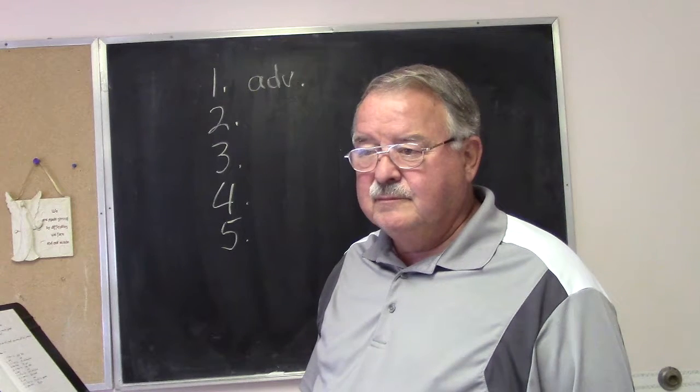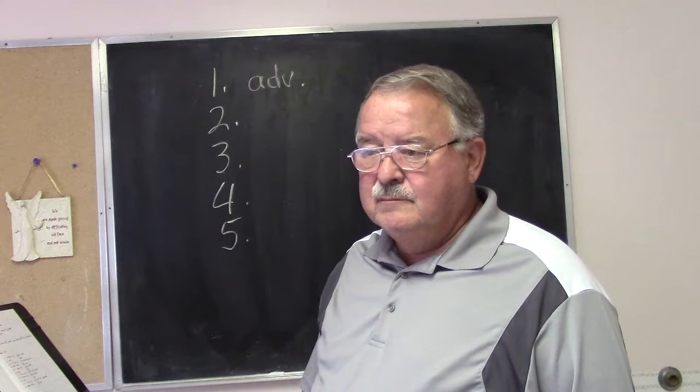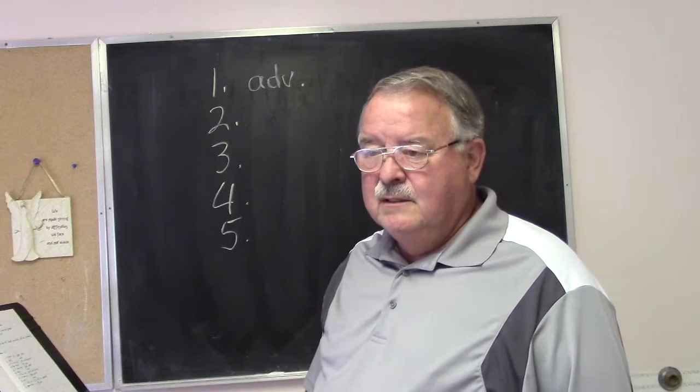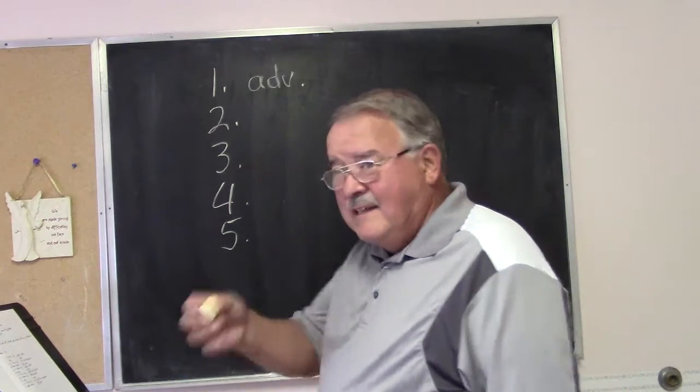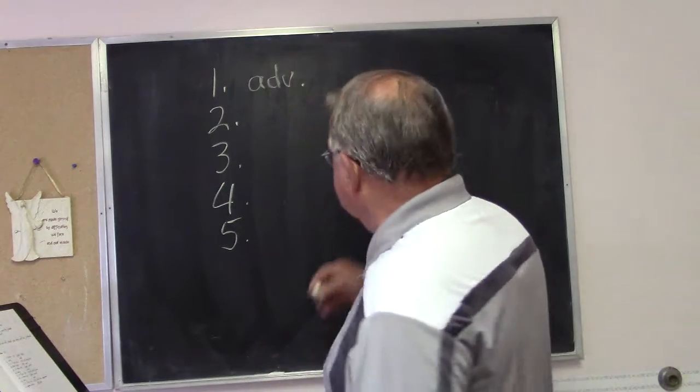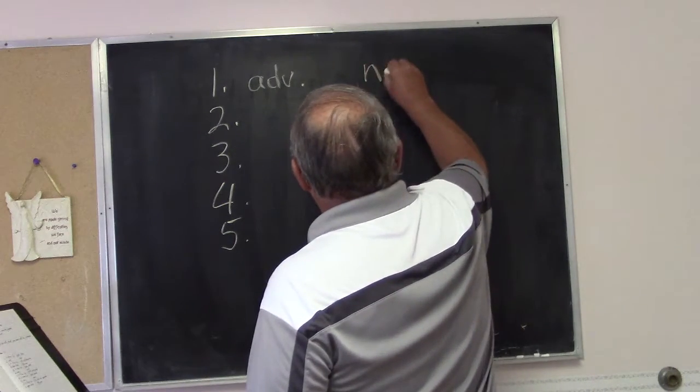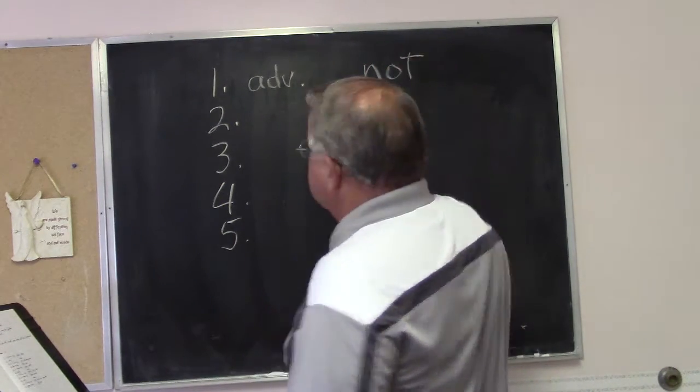A primary participle of qualified negation, not, lest. All right, so the idea here is it negates something coming up. So let's just say not, and then we'll work it into the verse as we go.